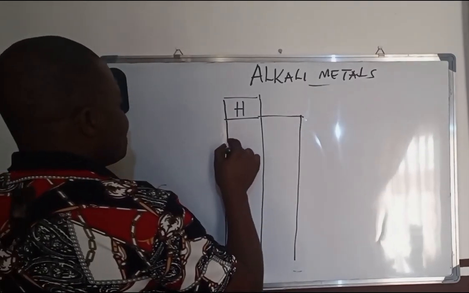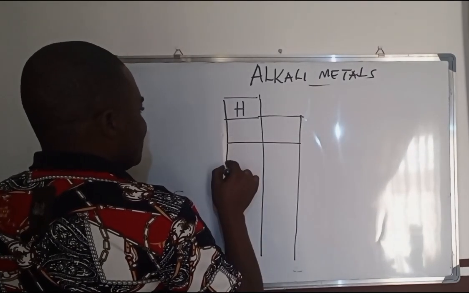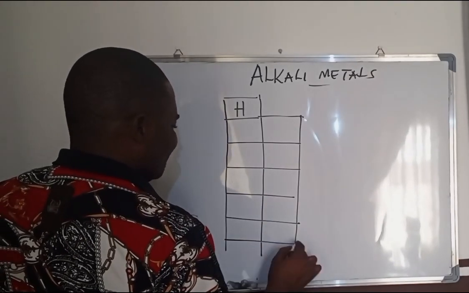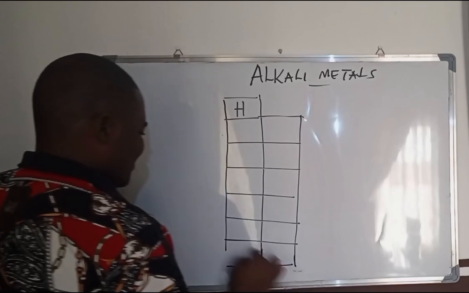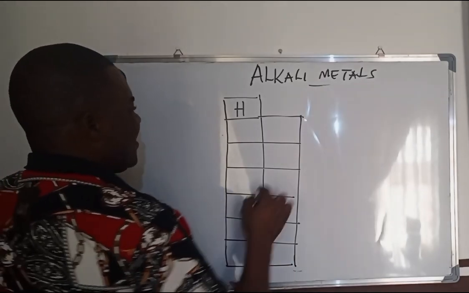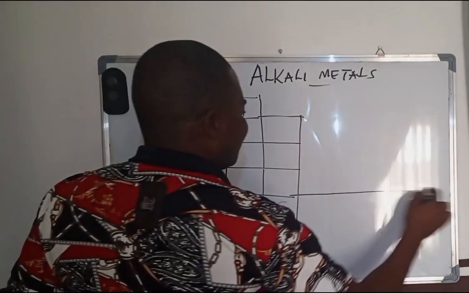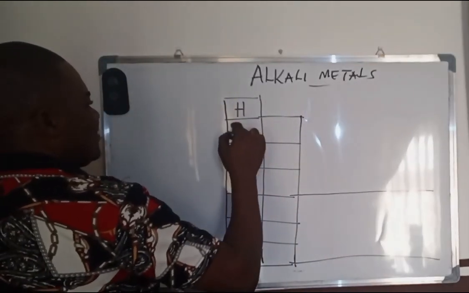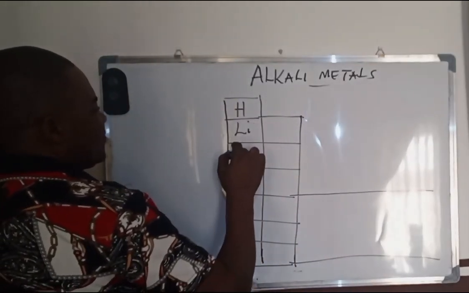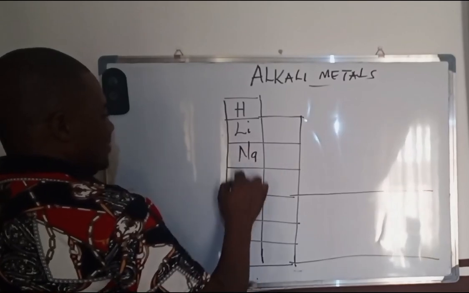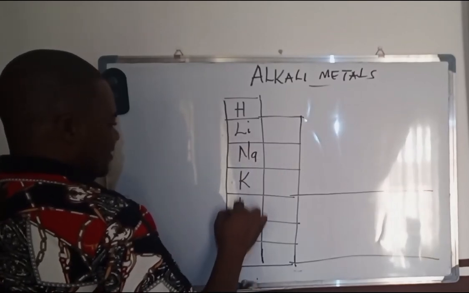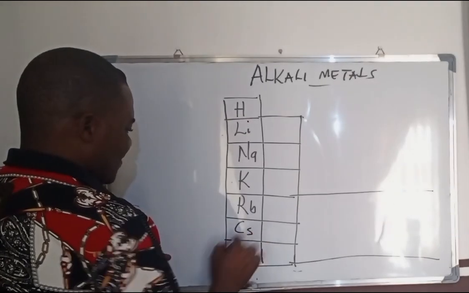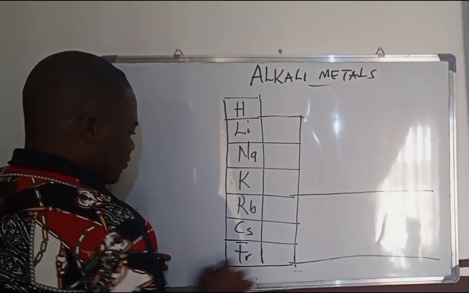You'll see that this is 1, 2, 3, 4, 5, and 6. Here, this is hydrogen, this is lithium, this is sodium, this is potassium, this is rubidium, this is cesium, and this is francium.